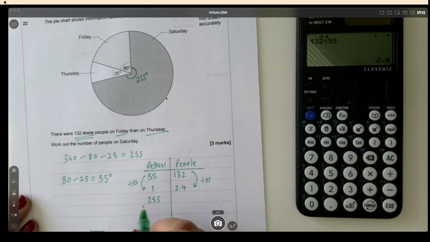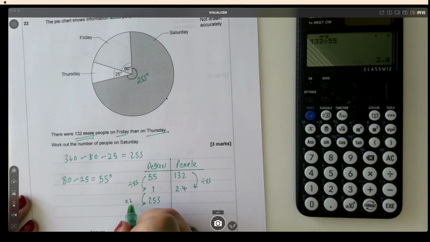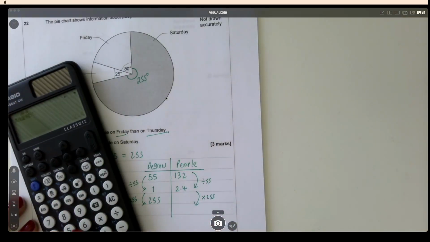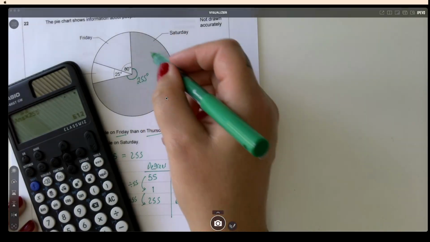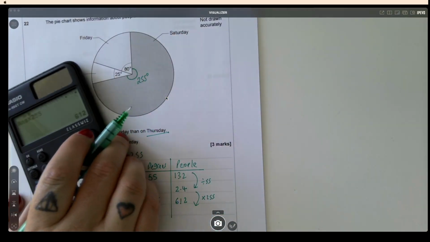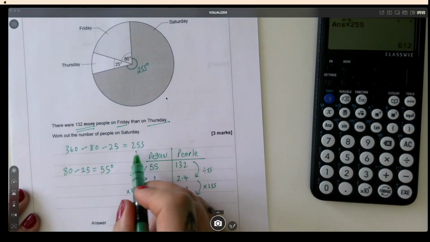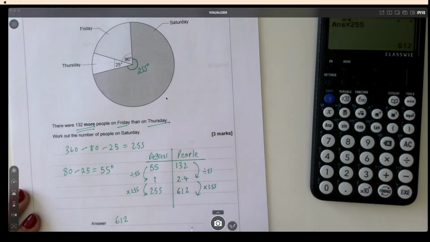So if we're wanting 255 degrees, we're going to multiply by 255. If we do that on this side, 2.4 multiplied by 255 tells us that Saturday was 612 people. Again, I've just used a proportion table to keep all my working out organised so I don't get confused with it being all over the place.